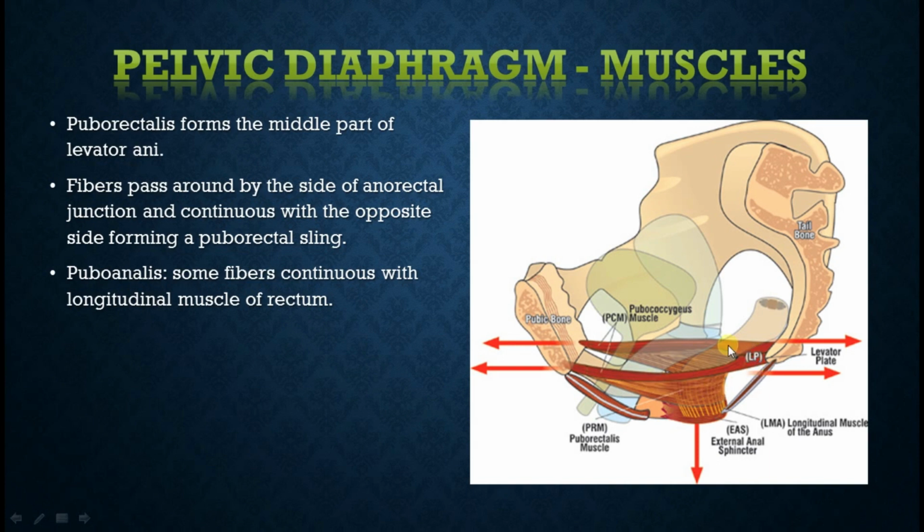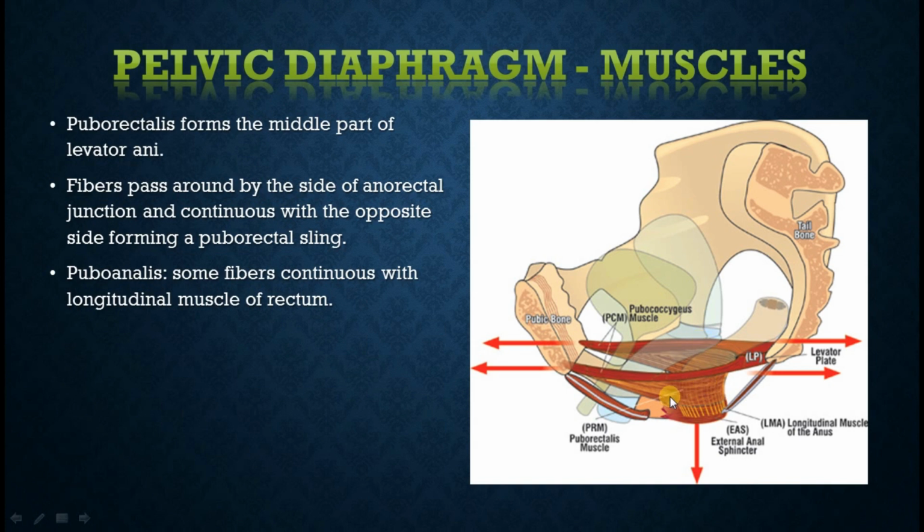That is one more function. So naturally, if this puborectal sling muscle, the puborectalis muscle, is disturbed, then you might get rectal or fecal incontinence. You might not be able to hold the fecal matter. Prolapse of the rectum might also take place.